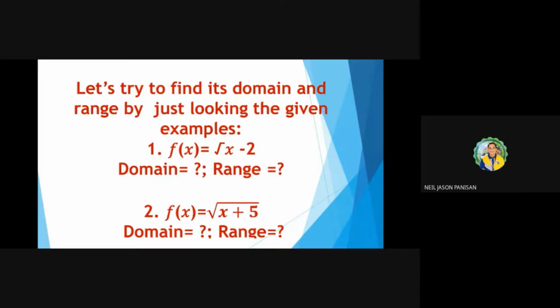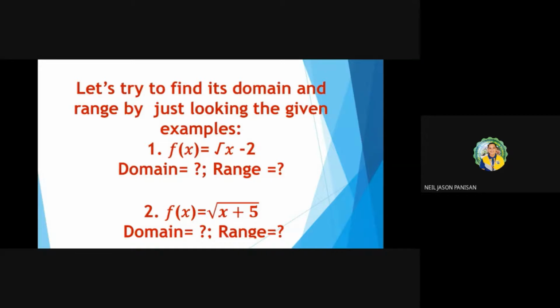So let's try to find the domain and range by just looking at the given examples. So number one, f of x is equal to the square root of x minus 2. So what is its domain or range? Simply by thinking about the property of the square root function, we cannot take the square root of a negative number.